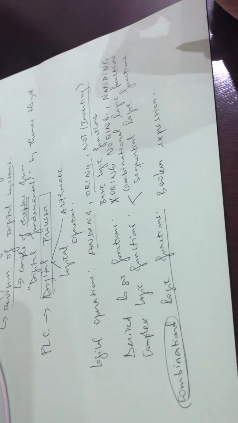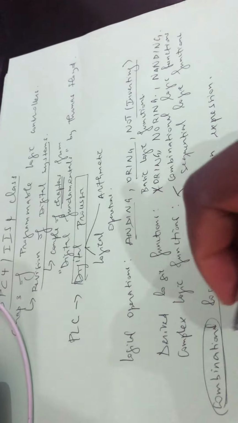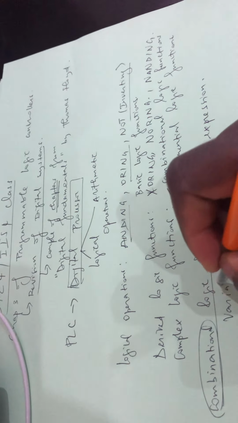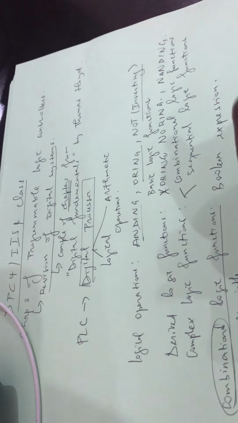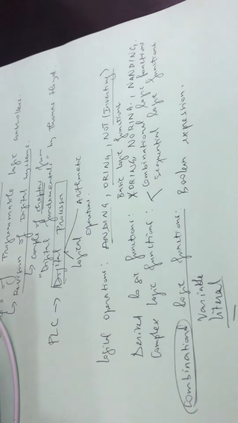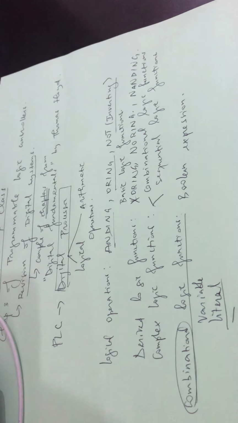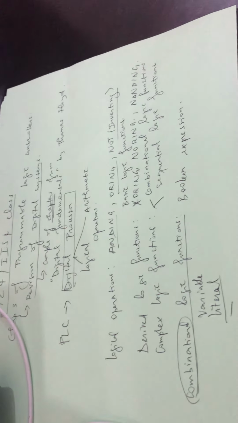And to represent a Boolean expression, we need to first of all understand what we call a variable, what we call a literal, and all of these are concepts that you've learned in Digital Systems 1. So when it comes to the concept of a variable and a literal, what is a variable?